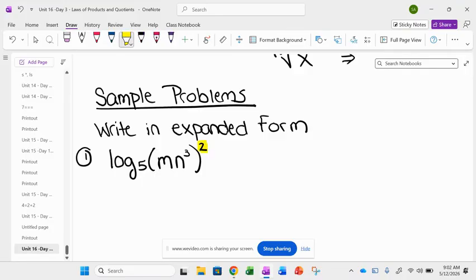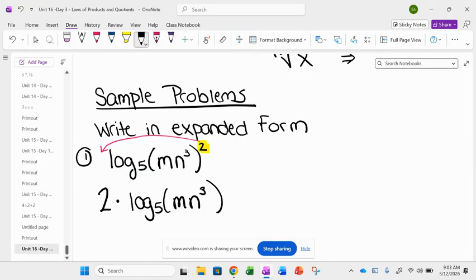Do you see how I have this power of 2 raised to the whole entire argument? That whole argument is raised to the power of 2. This 2 I can pull in the front. And so this becomes 2 times the log base 5 of m n to the third.